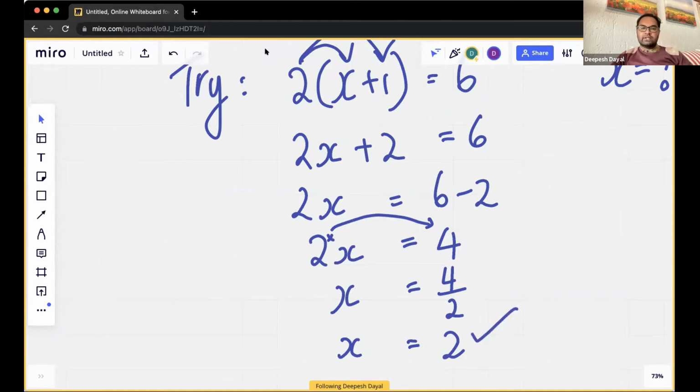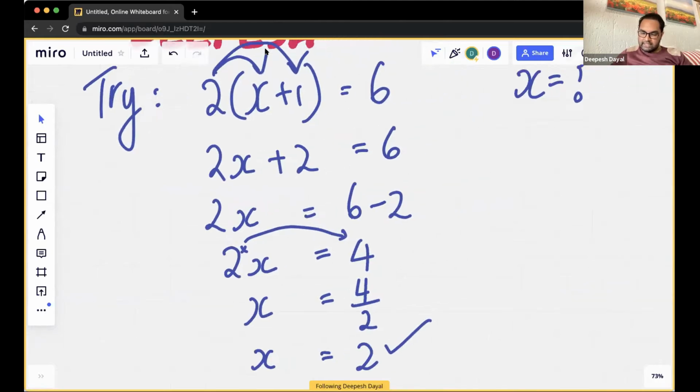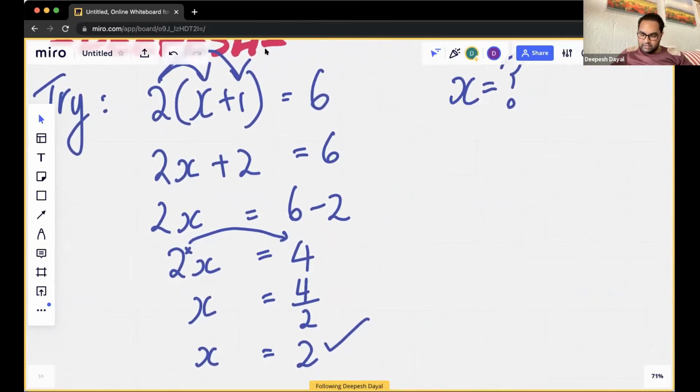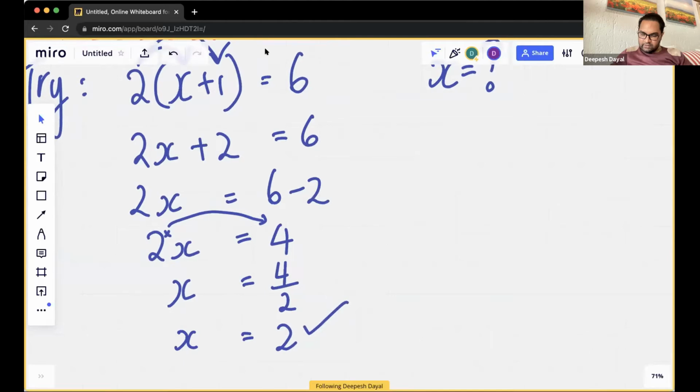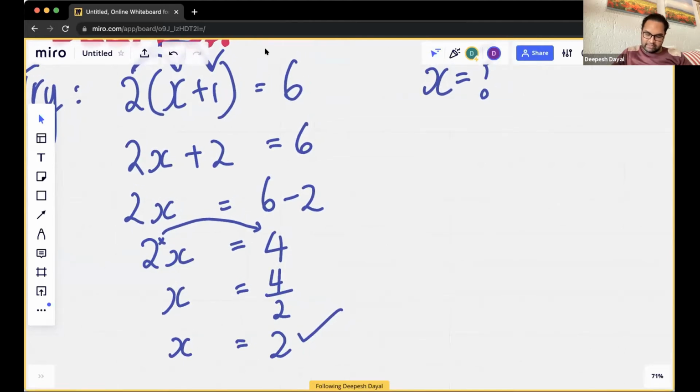I'm wondering if you have any questions. Remember, equation is about balance. So we're going to put the 2 into the equation and see how we can balance this out. We've got 2x plus 1 equals 6. And in the place of x, we're going to plug in 2.